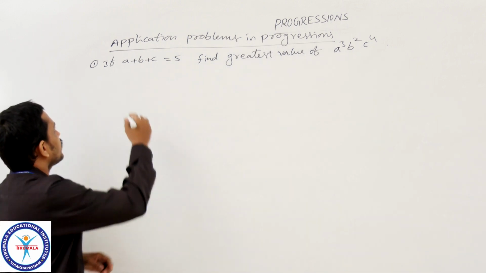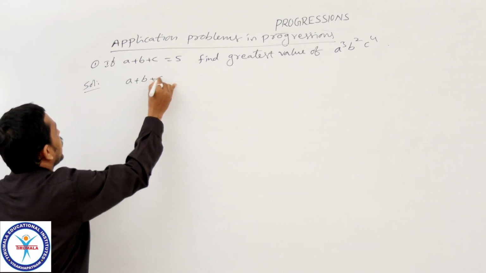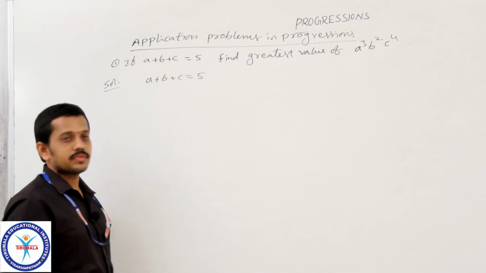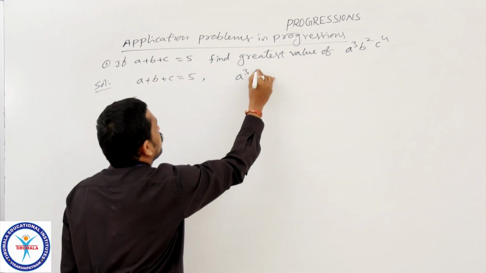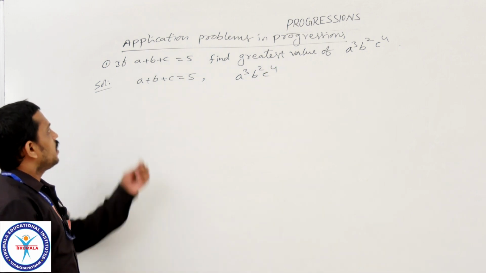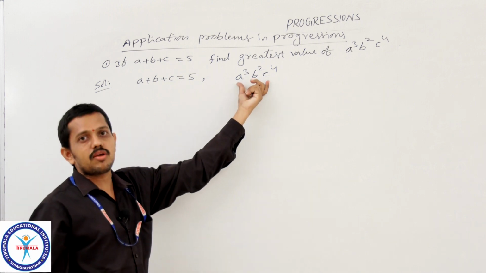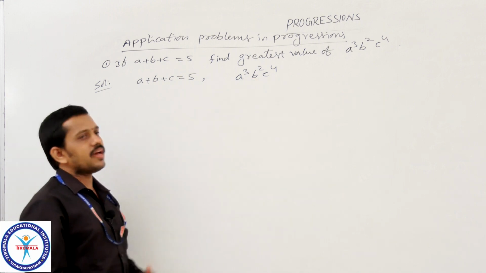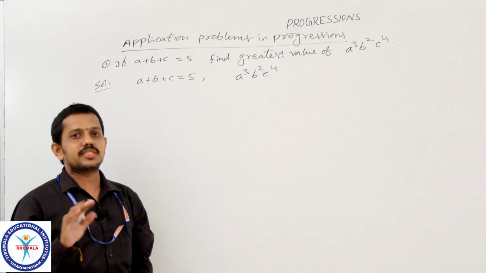Here in the given question, a plus b plus c is equal to 5, and here we require a cube into b square into c power 4. Here the sum is constant and we require the greatest value of the product. Means here we need to consider the relation between AM and GM of the terms.